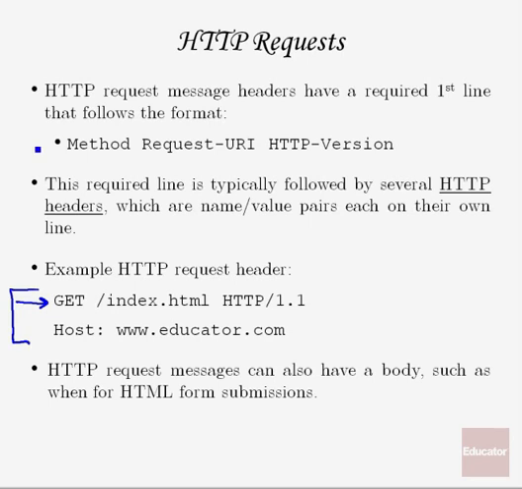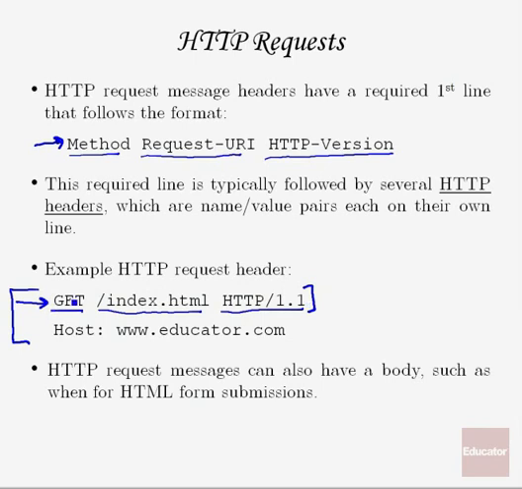This first line follows this format up here, where you have to specify a method, the URI you're requesting, and then the HTTP version number that you're using. So for this particular HTTP request, we're saying use the GET method to request the index.html file using the HTTP protocol version 1.1.